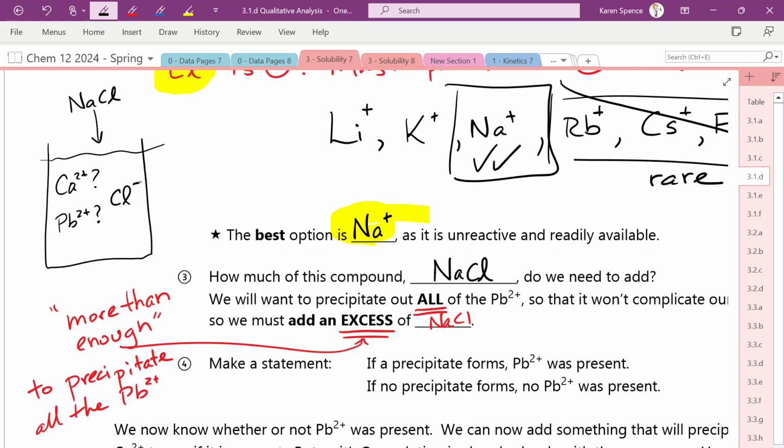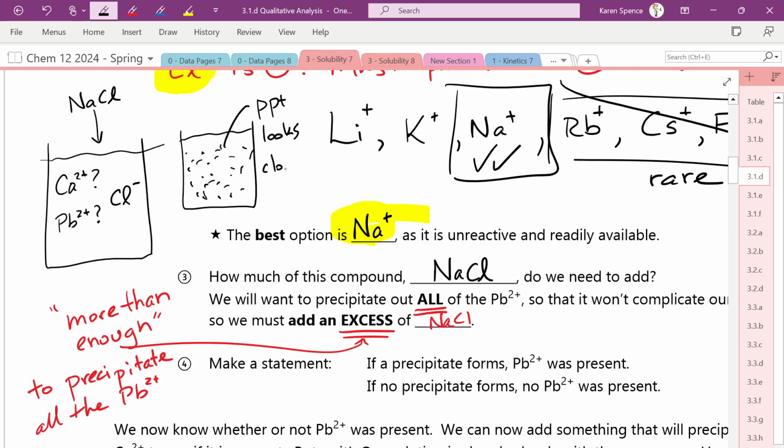Precipitate. We will see a precipitate. Do you guys know what a precipitate looks like? Yes. It looks cloudy. Sometimes even opaque, okay?